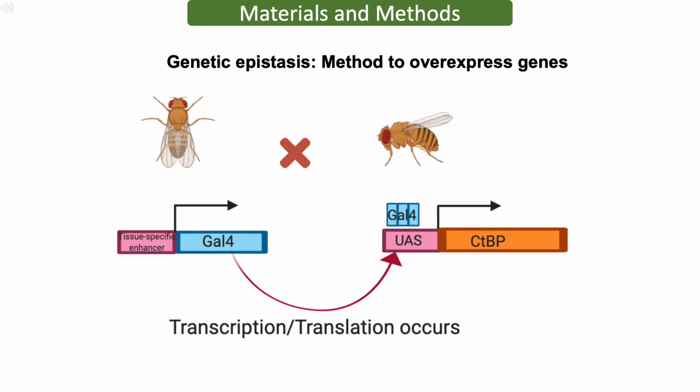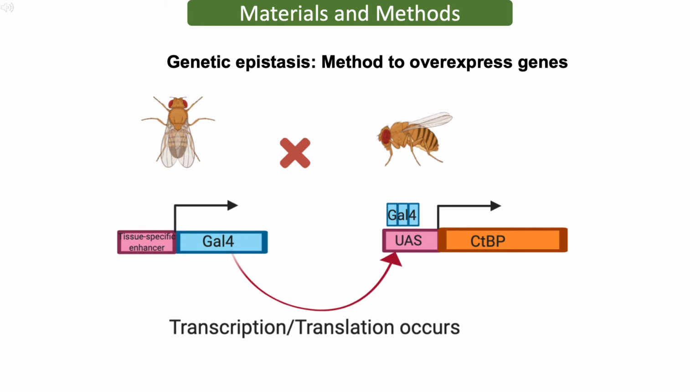So the first of the methods that we used to answer these questions was genetic epistasis. Essentially this is utilizing the GAL4 UAS system to drive the overexpression of the CtBP gene in these fruit flies. The way in which this works is GAL4 is attached to a tissue-specific enhancer, in this case an enhancer specific to the eye.